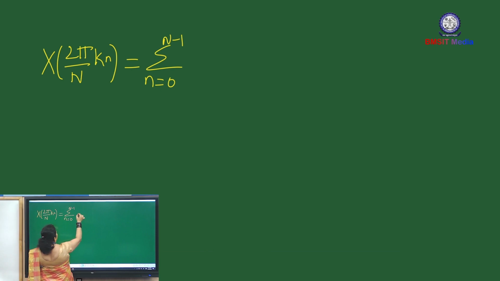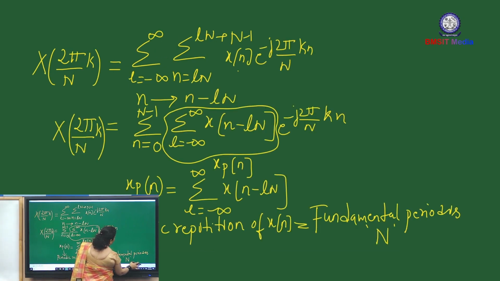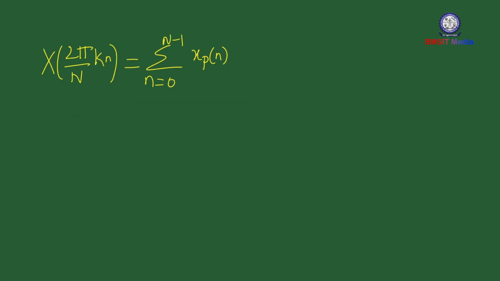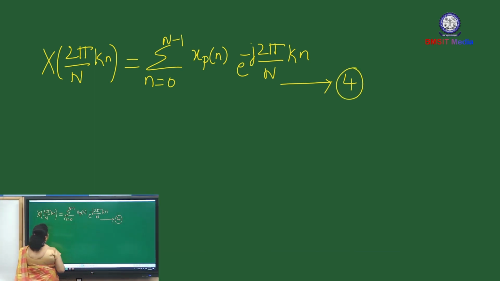The inner summation we have replaced by the periodic extension of x of n, that is xp of n, and what we had, e raised to minus j 2 pi by N kn. Now I am going to mark this equation as equation number 4.